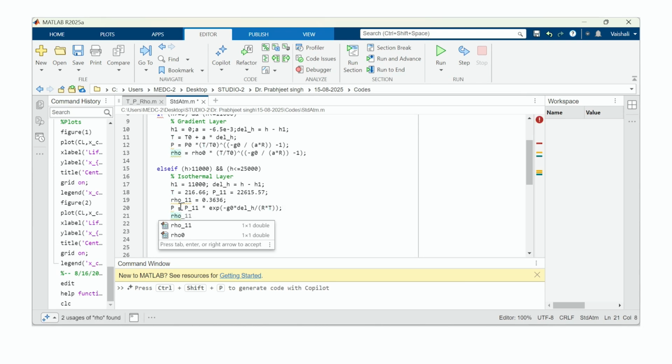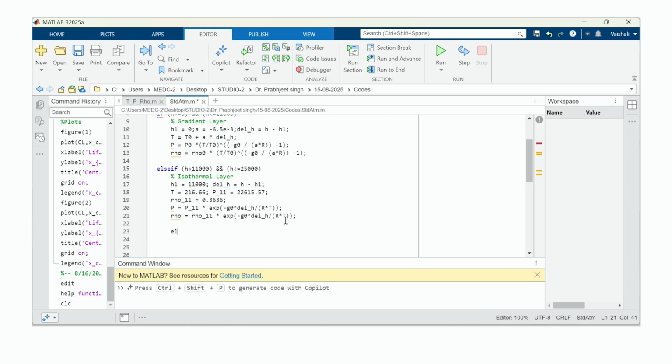Rho equals rho 11 into e to the power minus g naught delta H by R T. Now we have found the pressure as well as the density.